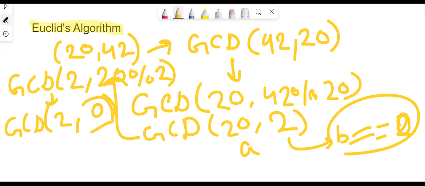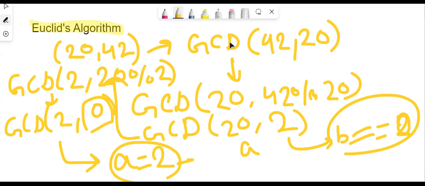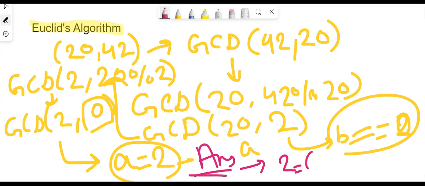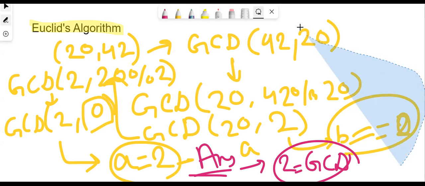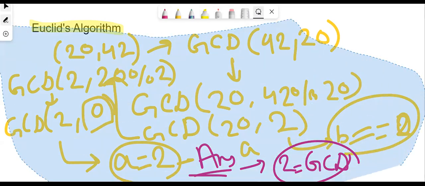So now B is equal to 0 and the A which we are left with is 2, and this is the answer. This 2 is equal to the GCD, or the greatest common factor. Now this reduces the number of steps.